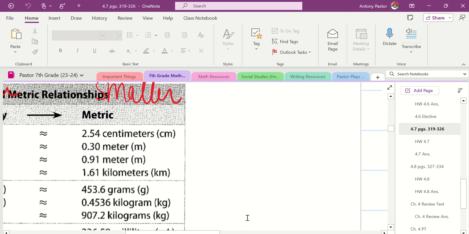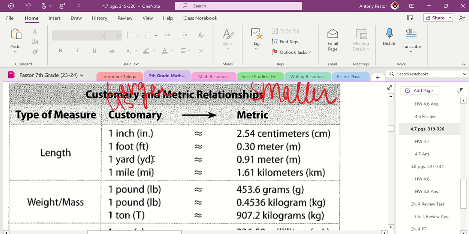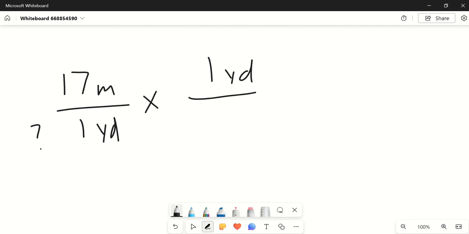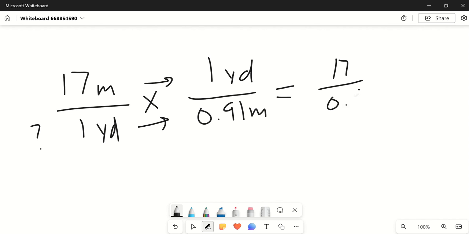And we see that 1 yard is 0.91 meters. And we're going to multiply straight across. This will become 17 over 0.91, same thing as saying 17 divided by 0.91.